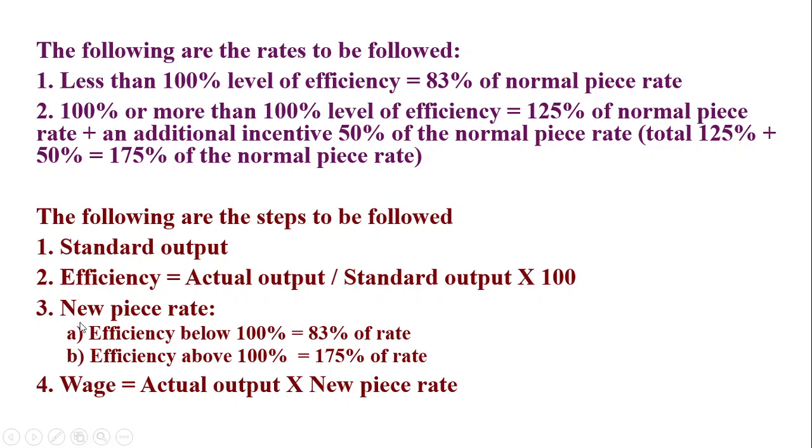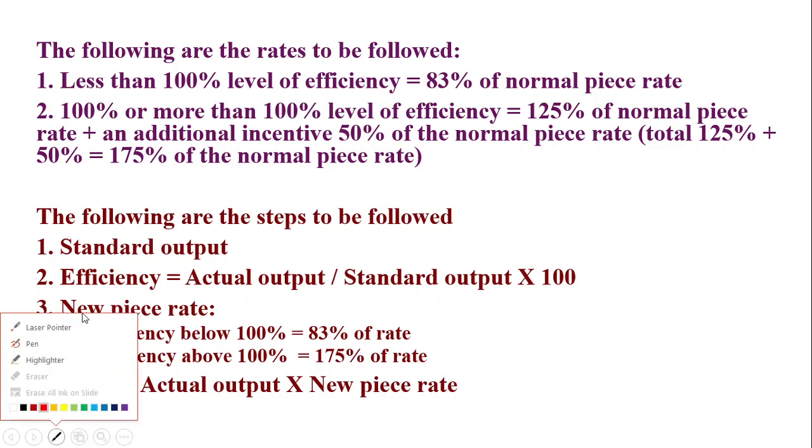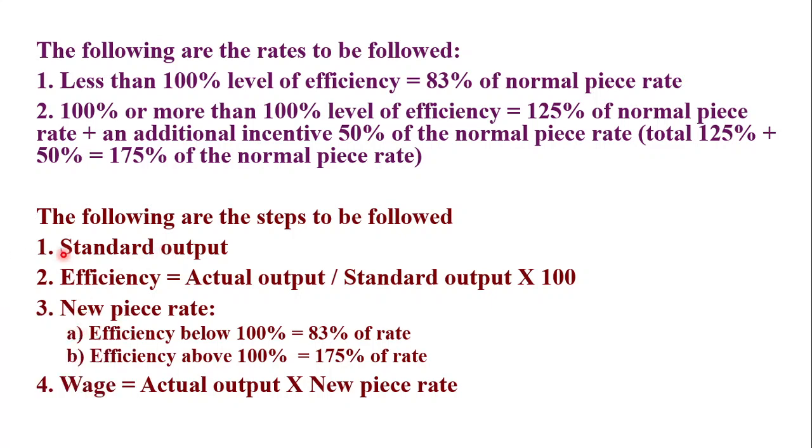But if it is not given in the problem, first we should calculate the standard output. The second step is to calculate the level of efficiency. The formula is actual output divided by standard output into 100.